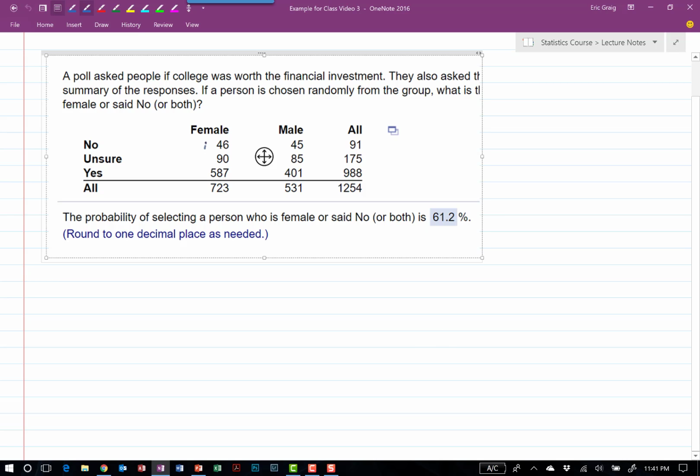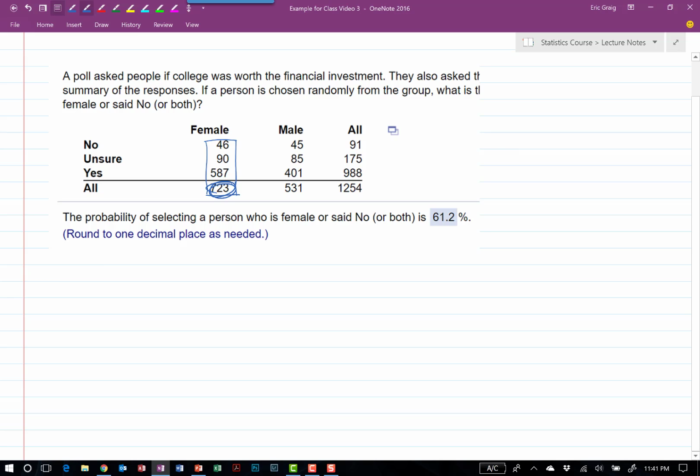So who is female? This group here is the group which is female, and that totals up to 723. So that's 723 divided by 1254. And now let's add in the ones who said no. That would be this group over here.